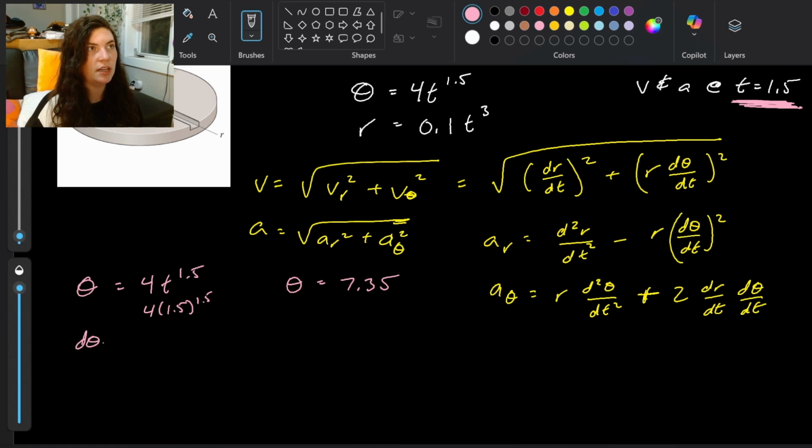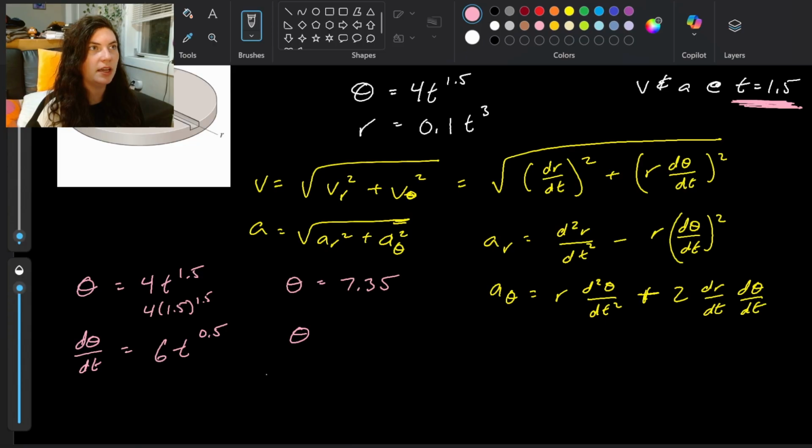You can do it while you're taking derivatives, or you can take all your derivatives first. You can do it in whatever process you want. I'll do it both ways. Let's do thetas where we plug them in each time, and we'll do r's where we do derivatives first. So for thetas, we plugged in our t, we got a theta. Let's take our derivative of theta with respect to t. So 4 times 1.5 is 6, 6t, and then we subtract 1 from the exponent, so that's 6t to the 0.5 power.